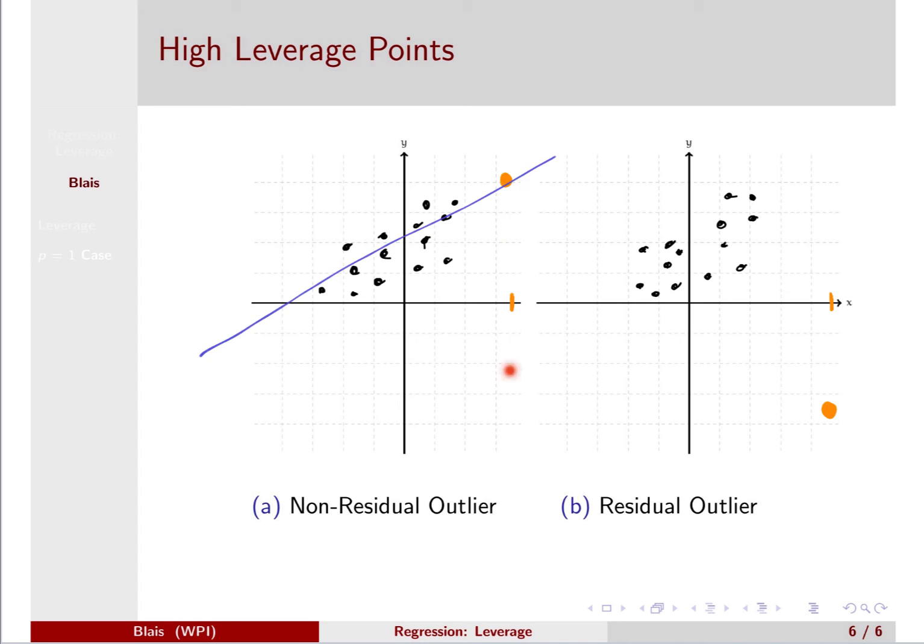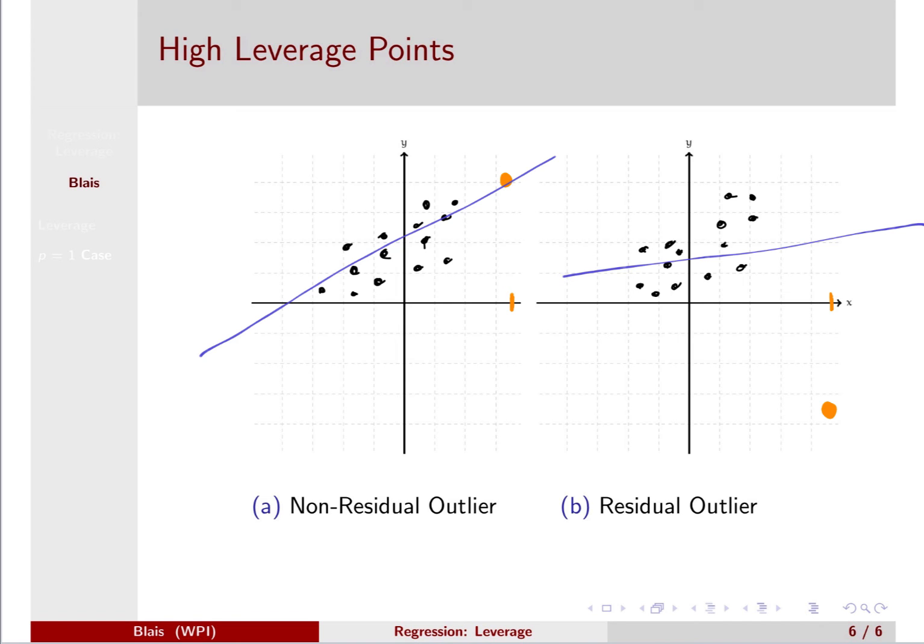There will be a very large error term associated with this observation. And what will happen, and this is one of the reasons why we call it leverage, is moving this point down here will cause us to pull down on that regression line like a lever. And the resulting regression line will look like this.